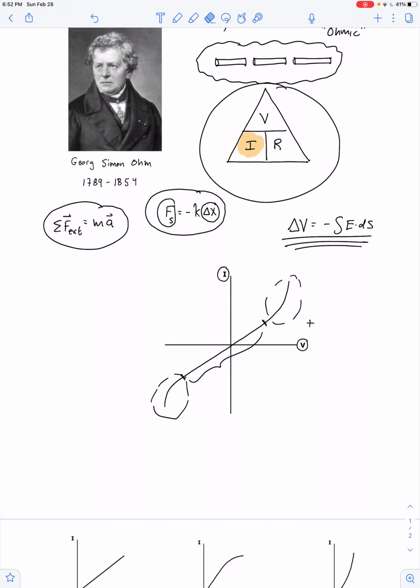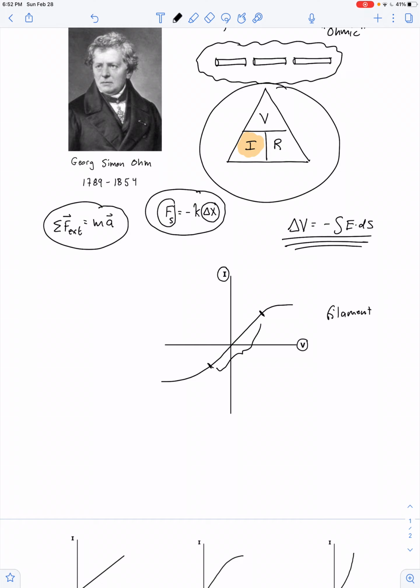No, actually, I think I have that backwards. I was thinking more of a graph of voltage versus current. I'm going to apologize. This represents something like the filament in a wire. So at really high voltages, we still have this idea that it can be ohmic within some range, but then deviate from this ohmic behavior. And yeah, the filament of a light bulb is like this.